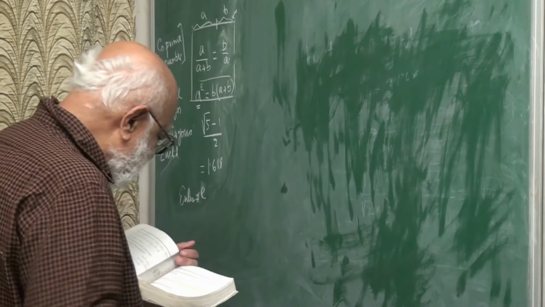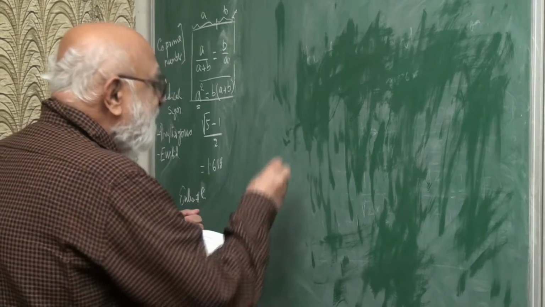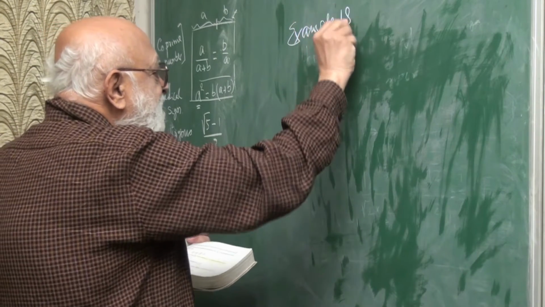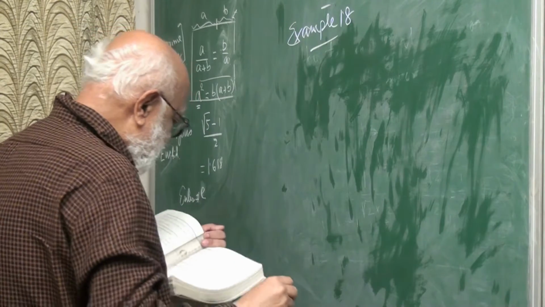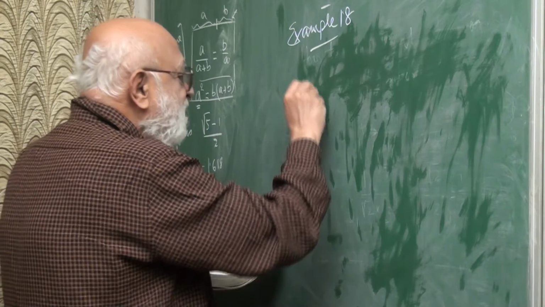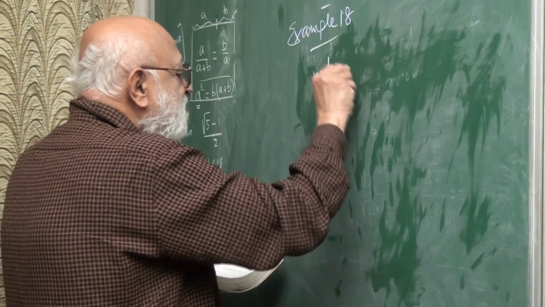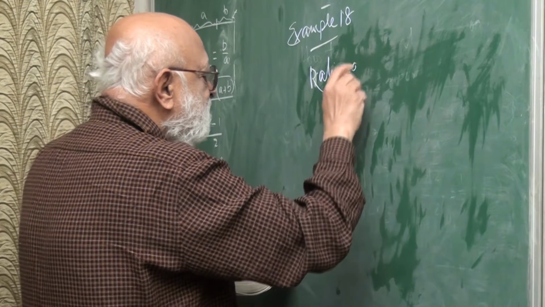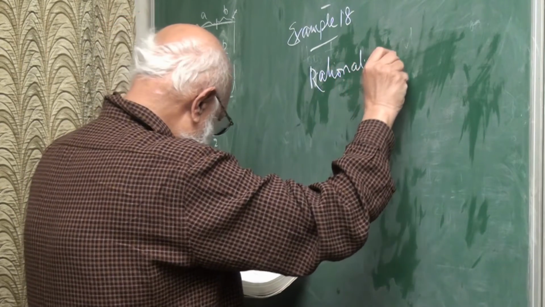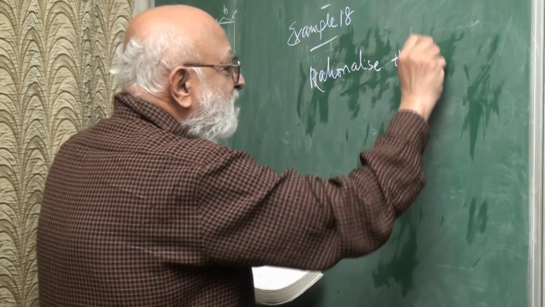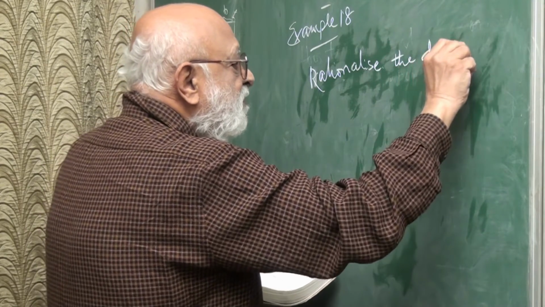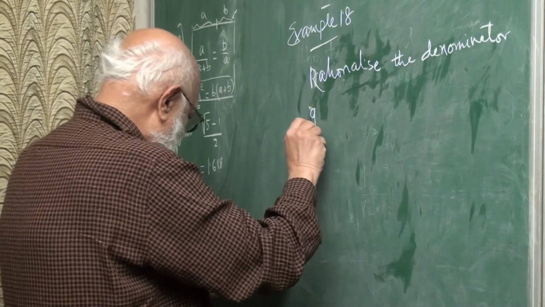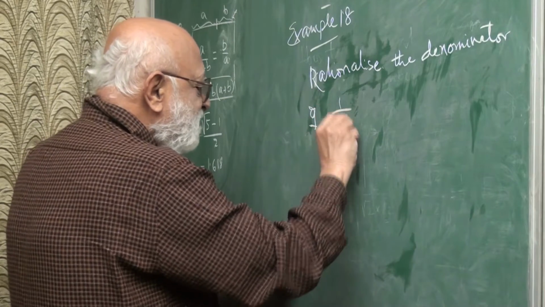Now, example 18. What does it say? It says rationalize the denominator of 1 upon 2 plus root 3.